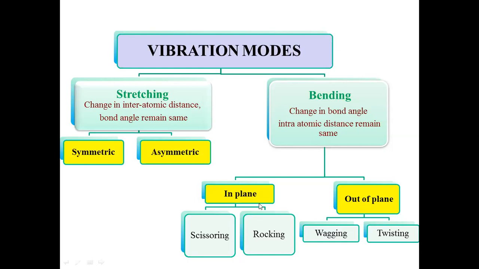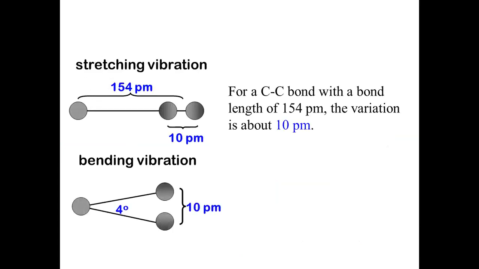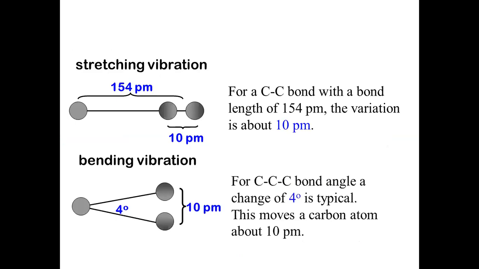In-plane bending vibrations are classified as scissoring and rocking vibrations, while out-of-plane bending vibrations are again classified as wagging and twisting vibrations. So we'll look into the animations of those. In case of stretching vibration, there is a change in the bond length by 10 picometers, while in case of bending vibration, there is a change in the bond angle by 4 degrees.